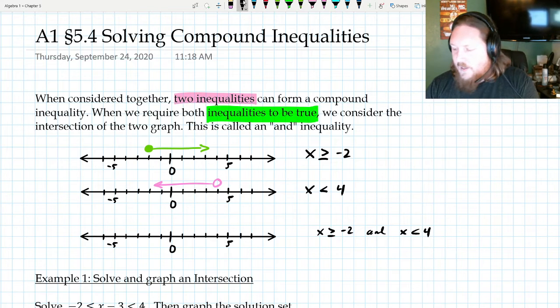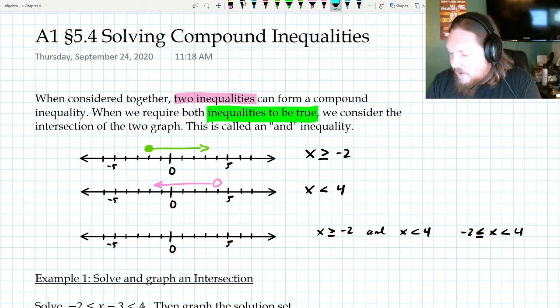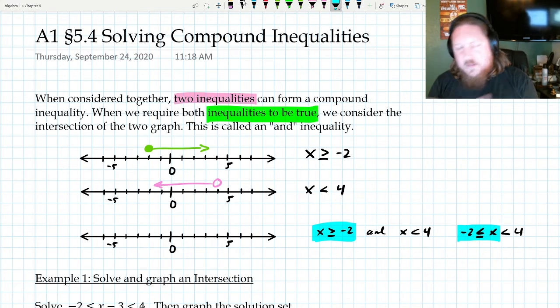Or we can write it as -2 is less than or equal to x, which is less than 4. And basically all that we did on this one was we took the x is greater than or equal to -2, we flipped the order of it, and we just put it backwards in here so then the x's line up. So that's the two ways we can write these inequalities.